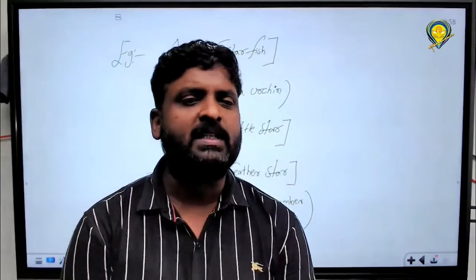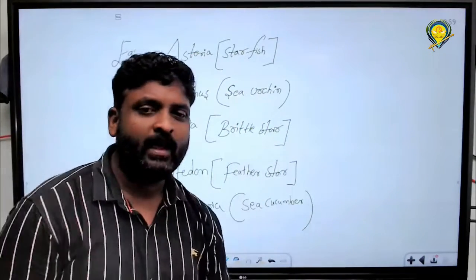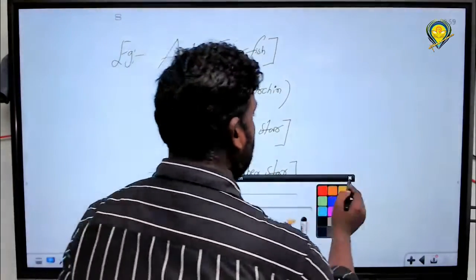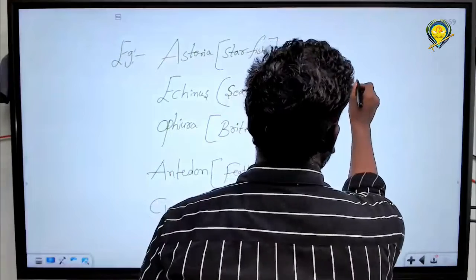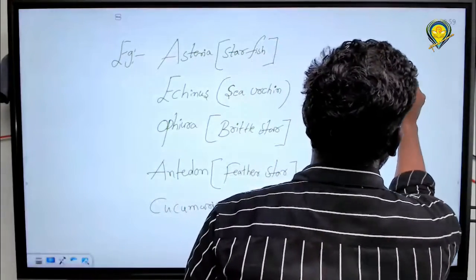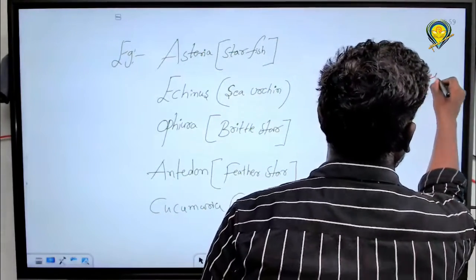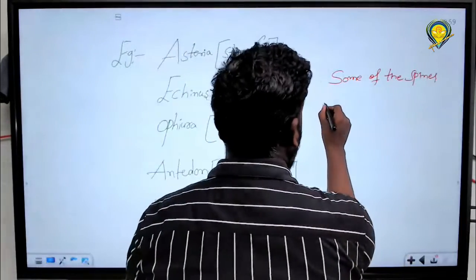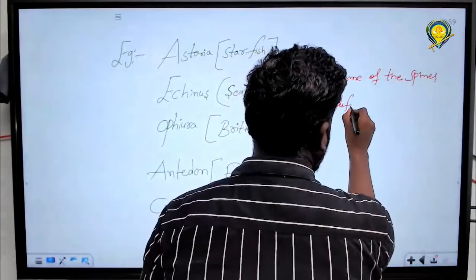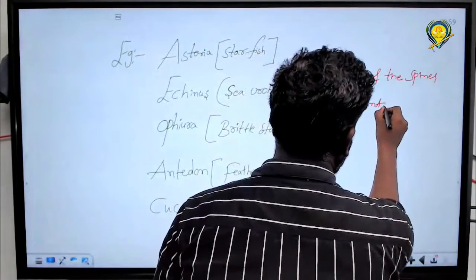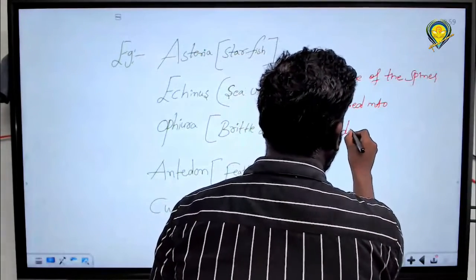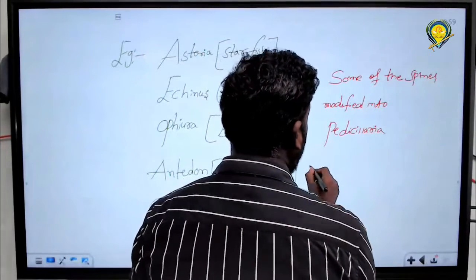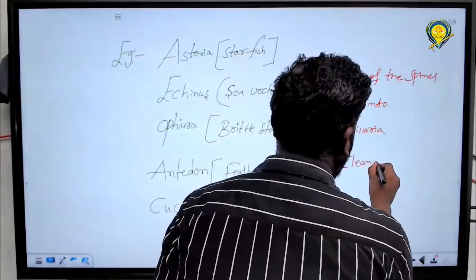These are the best examples for what? Phylum Echinodermata, spiny bodied animals, right? At last, one thing I would like to inform you: because they are spiny bodied animals, some of the spines are modified into pedicellariae, which help in cleaning of the body.